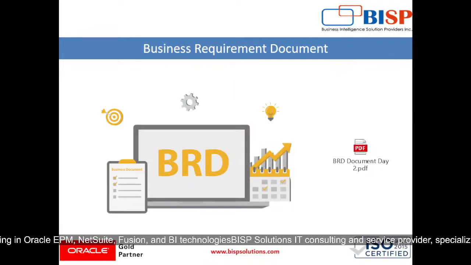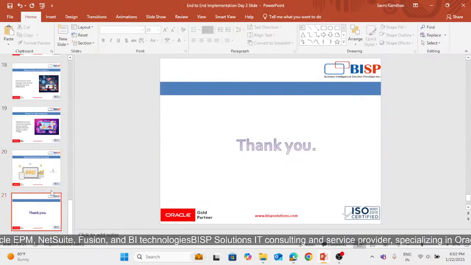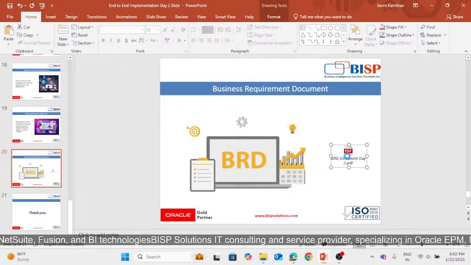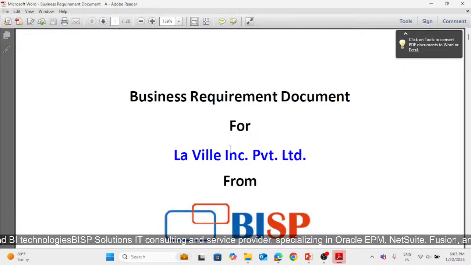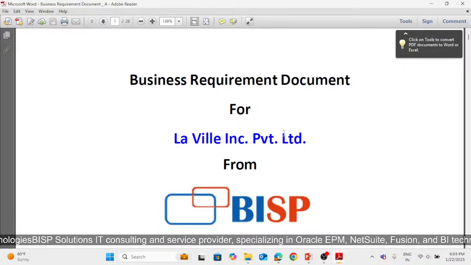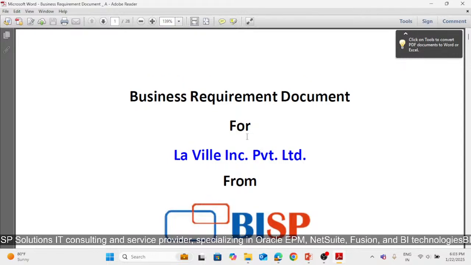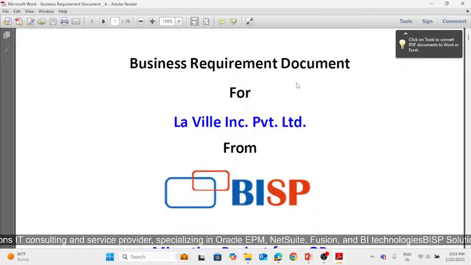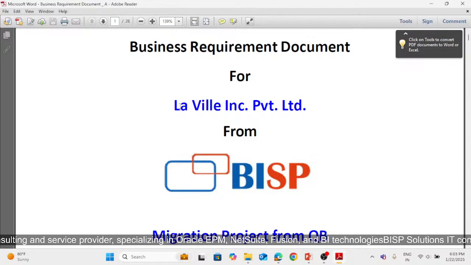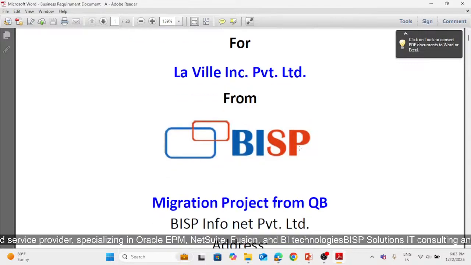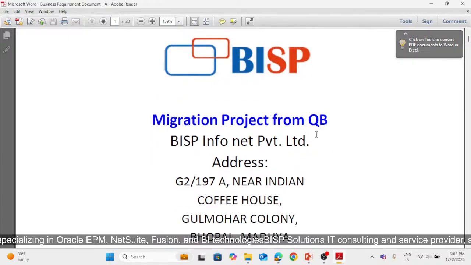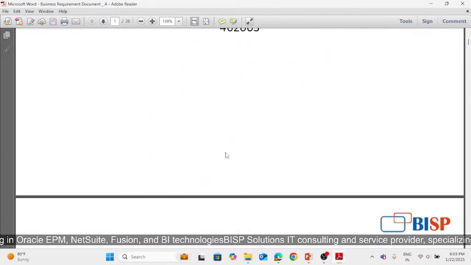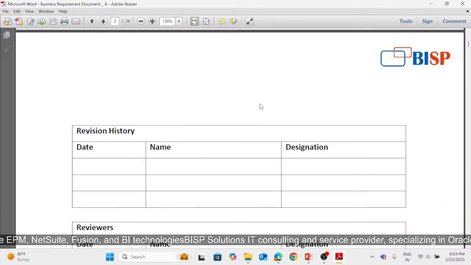So let's see the BRD document. This is what the BRD document format will look like. This is the front page for the business requirement document. You can take any company for the same. From our company, a migration project from QB, and this is the front page, and the revision history we have to maintain.